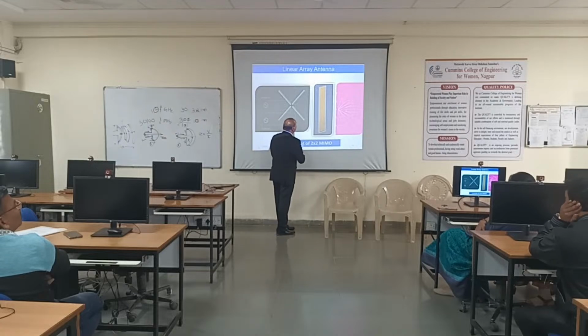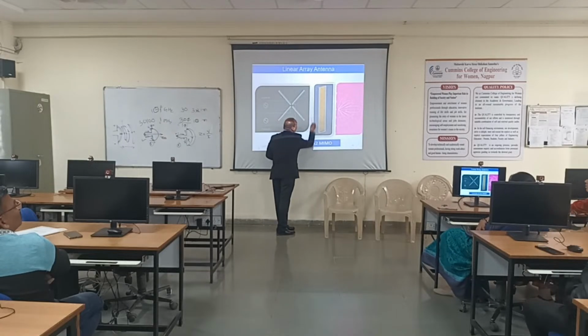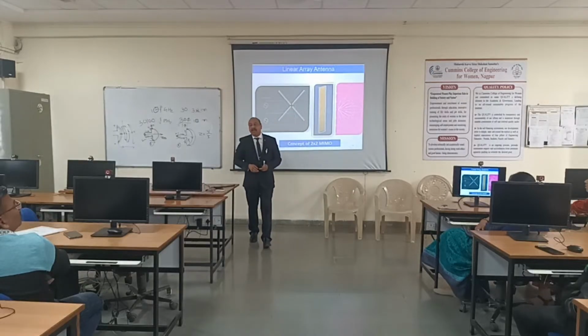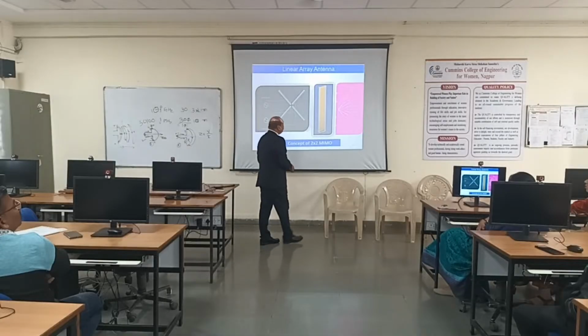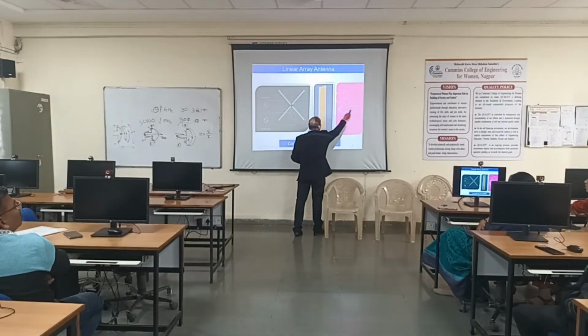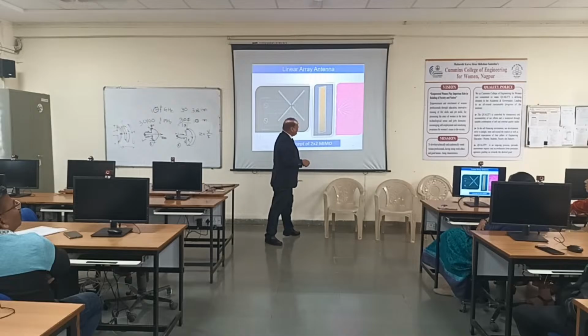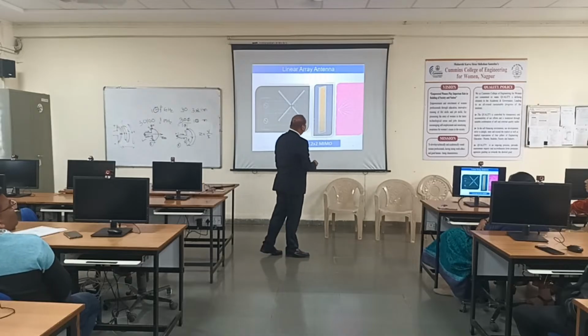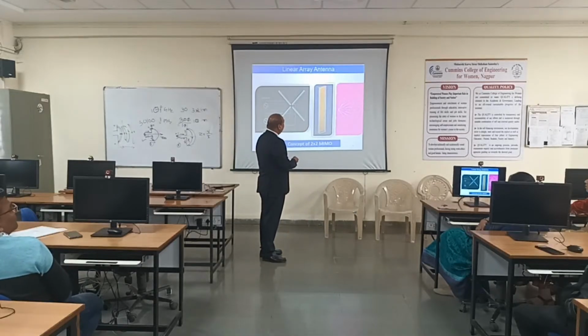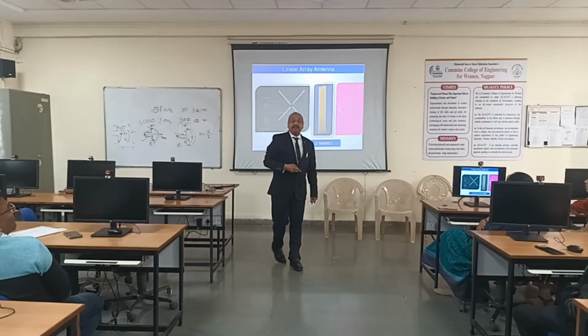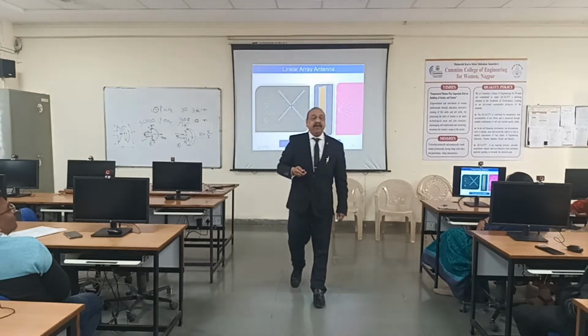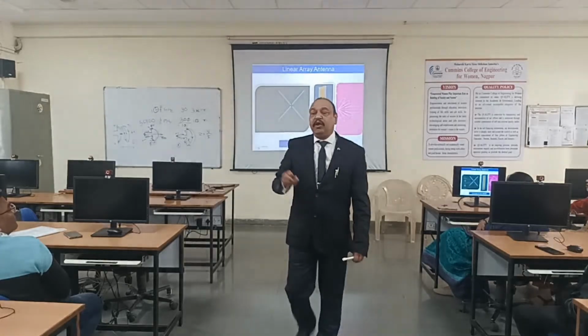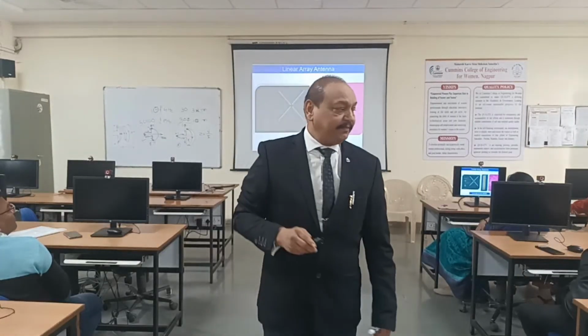We are applying one set to this antenna, and another common frequency source to that antenna. Then what is your radiation? You can observe that at 0 degree you will get the maximum radiation, and these are the sine waves. This is the way it gives the radiation from the cross polarized antenna.